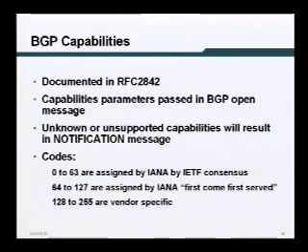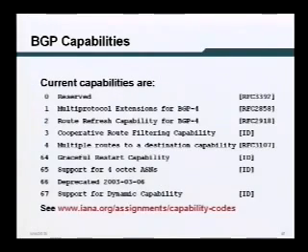But there are a lot of other things that have been added in recent times that have come through this BGP capability extension described in this RFC. Capabilities 0 to 63 are assigned by the IANA, by IETF consensus. The next 64 are on a first-come, first-served basis, and the final 128 are vendor-specific.